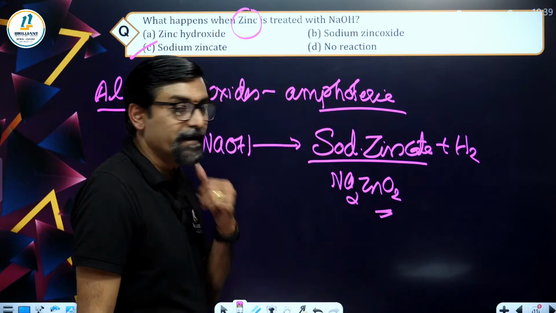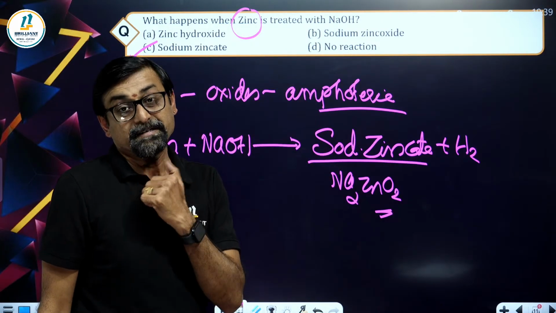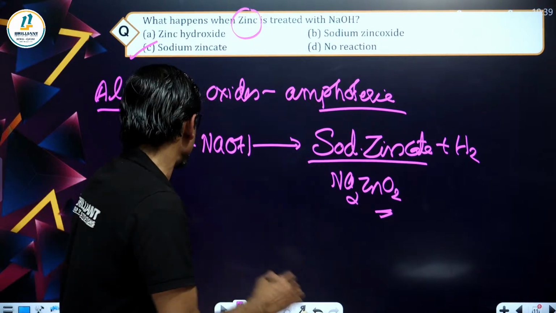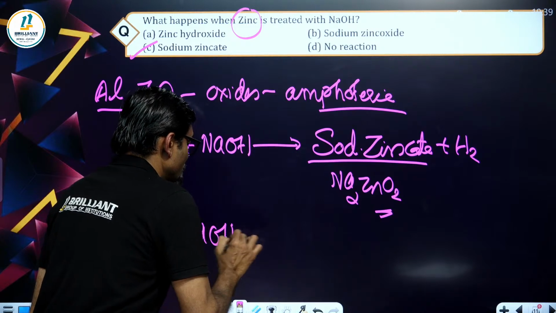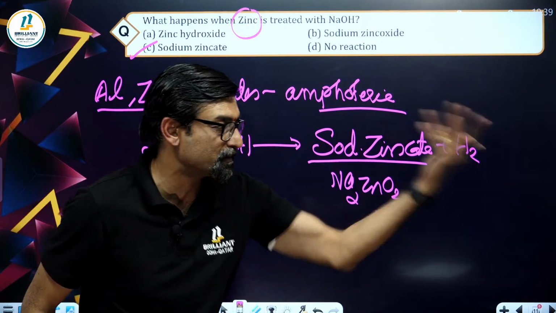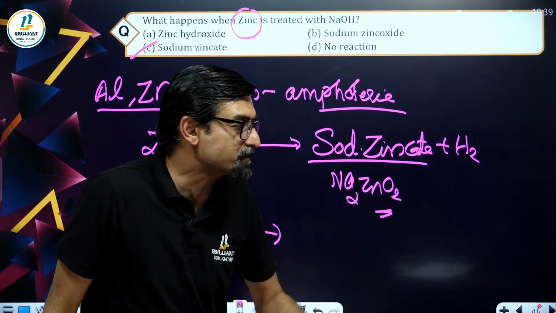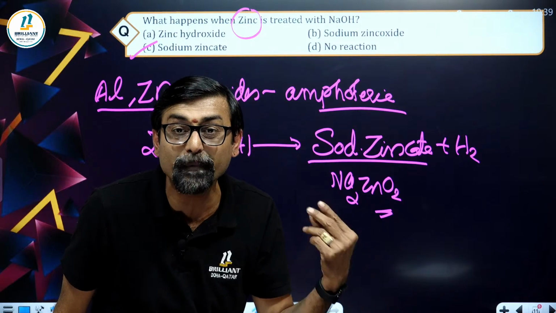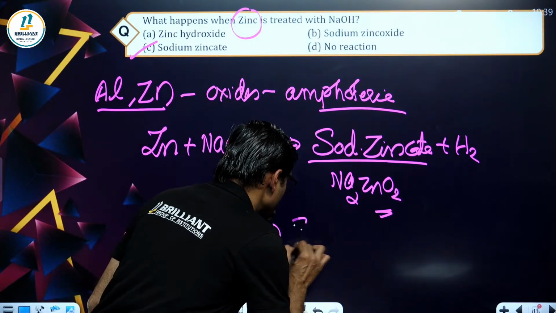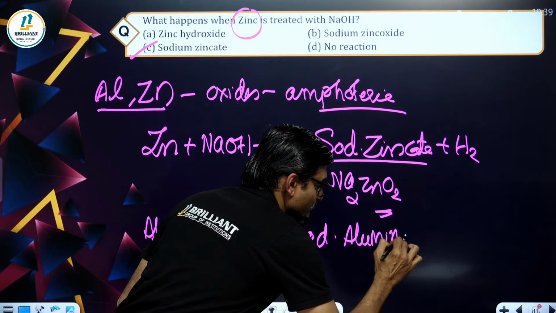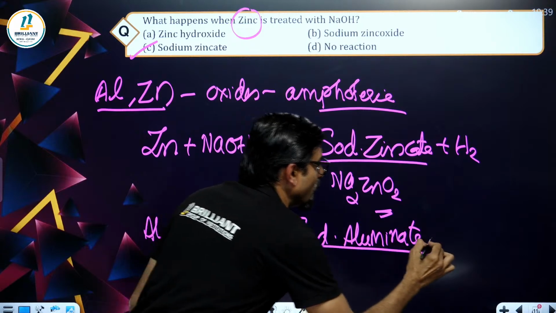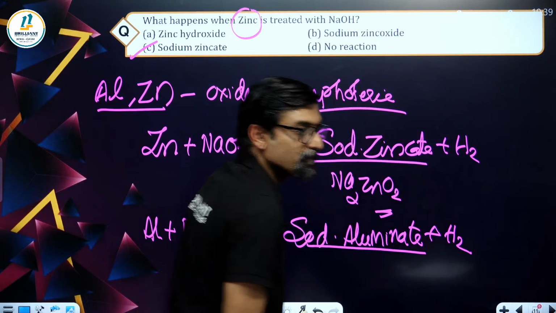So sodium zincate, Na2ZnO2. Similarly, when we take aluminium, Al plus NaOH, what is this formula? Come on the chat box. What is the formula for sodium aluminate? It forms sodium aluminate along with hydrogen gas.